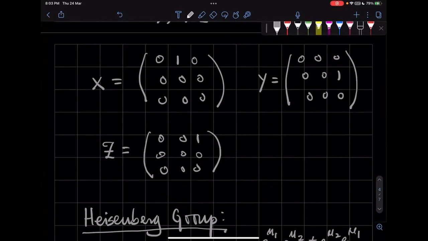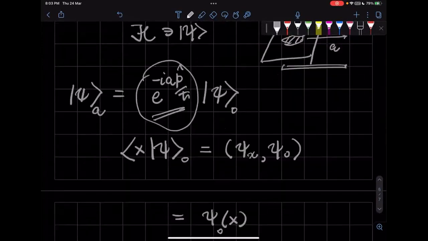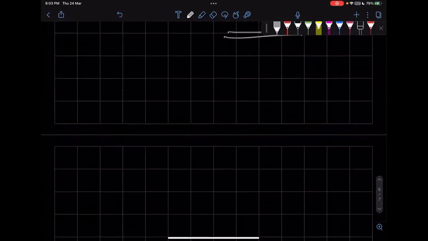Let me rephrase that. There are no finite dimensional unitary representations of a non-compact Lie group. Let me write that down. That's a very important theorem. I don't think we'll prove it, but yeah.